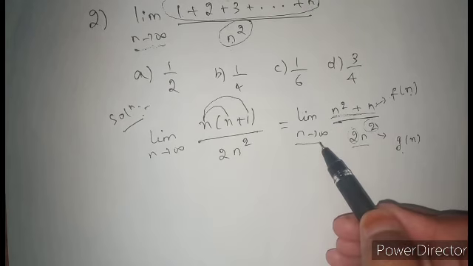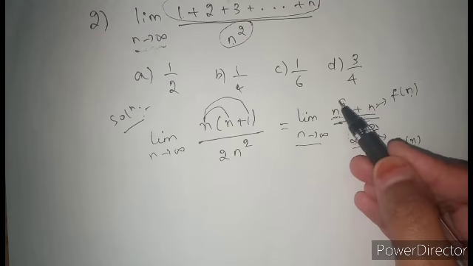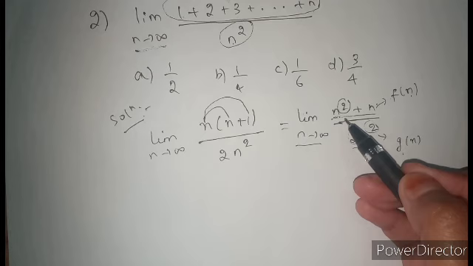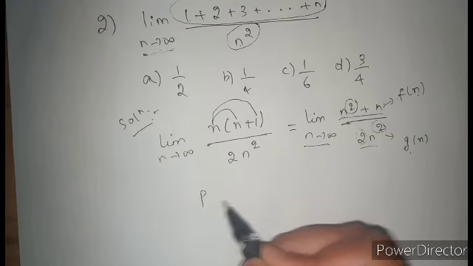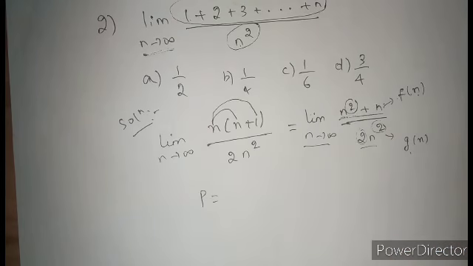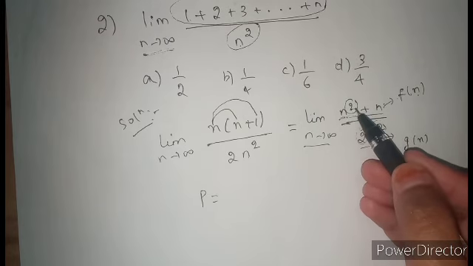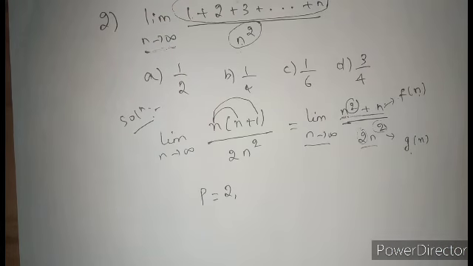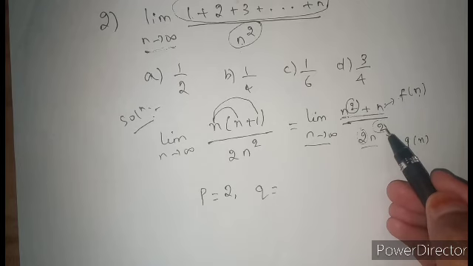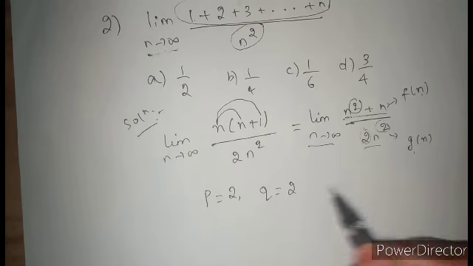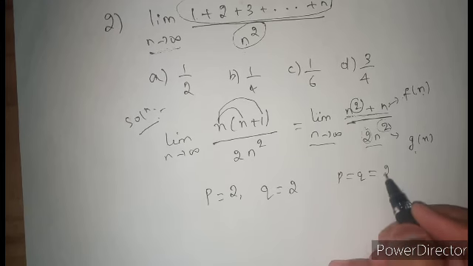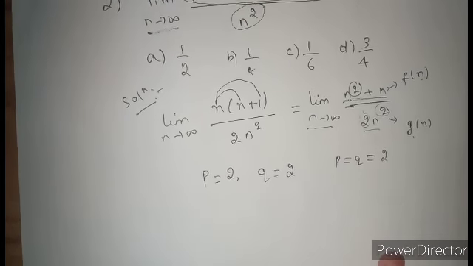Here n is tending to infinity. So we have to apply the trick, okay? So here p is the degree of f, degree means highest power, right? So highest power here is 2. Again q means highest power in the denominator, which is 2. See, p is equal to q is equal to 2 here, right? So p and q are the same.